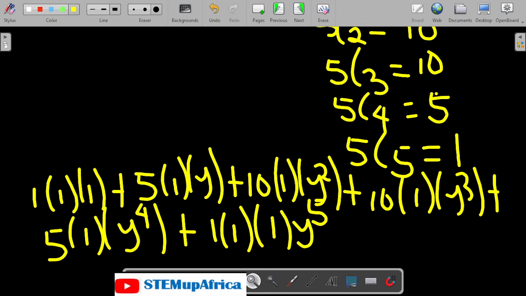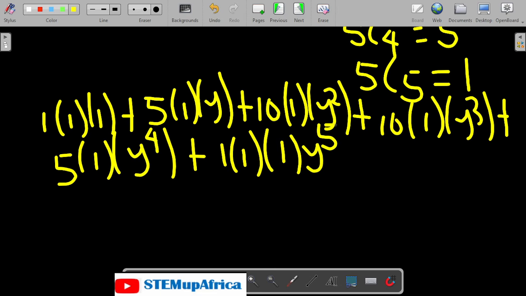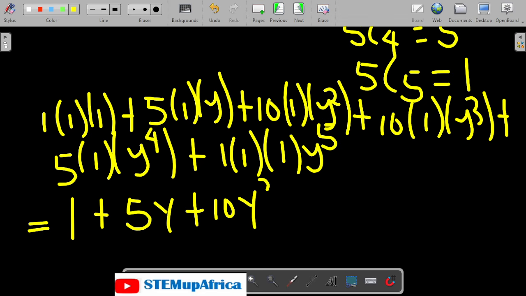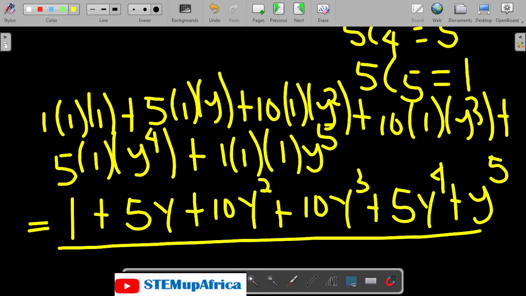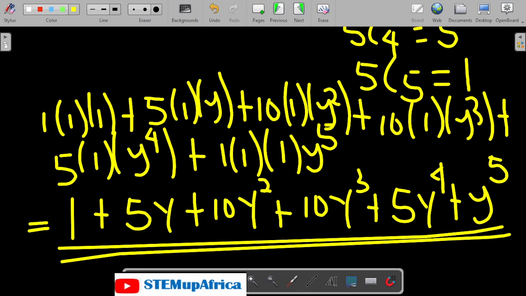So let's expand or multiply each of them. I'm going to have 1 plus 5y plus 10y squared plus 10y cubed plus 5y to the 4 plus y to the 5. So this is the binomial expansion of that expression.